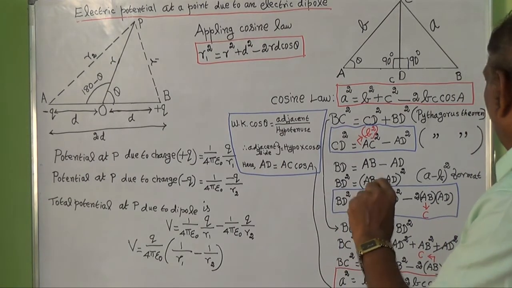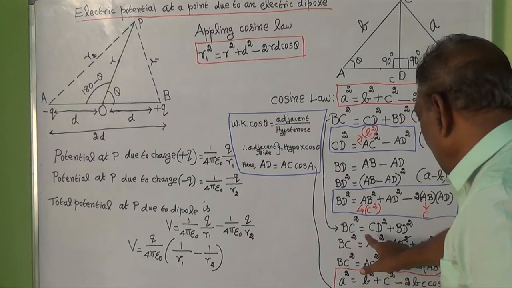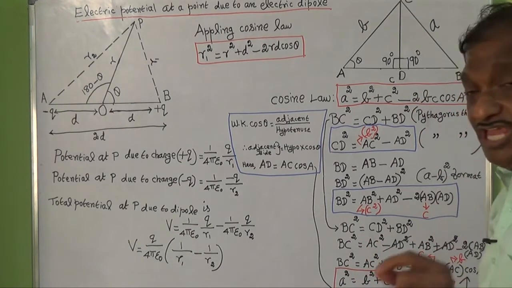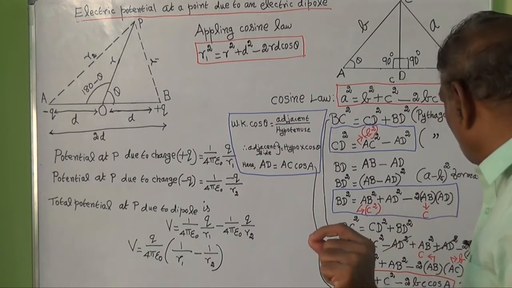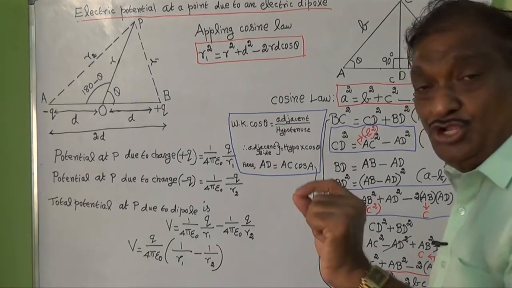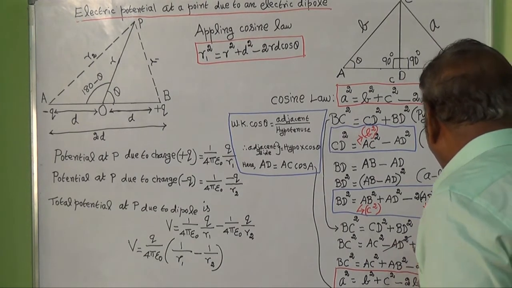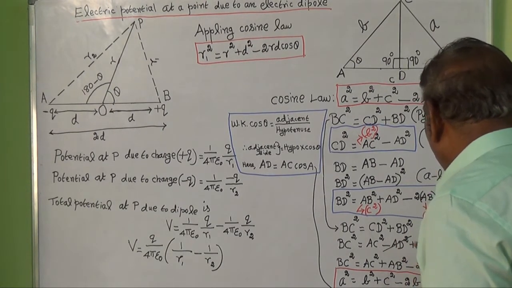Thereby we are getting the equation BC square equal to AC square minus AD square plus AB square plus AD square minus 2AB into AD. This minus AD square and plus AD square can be cancelled.